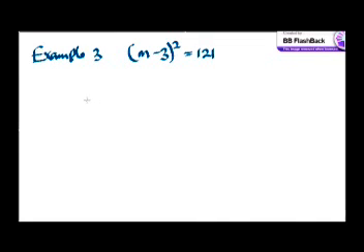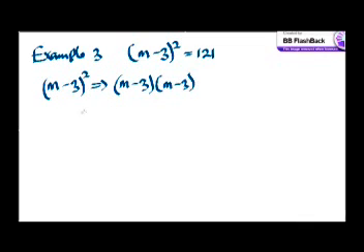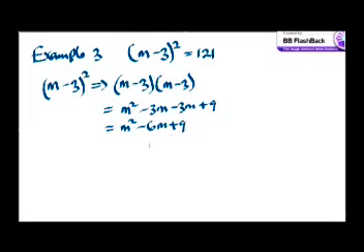Here it's not in a standard form yet, so we have to expand. m minus 3 all raised to power 2 is the same as m minus 3 all brackets m minus 3, and that will give us m squared minus 3m minus 3m plus 9, and this is the same as saying m squared minus 6m plus 9.